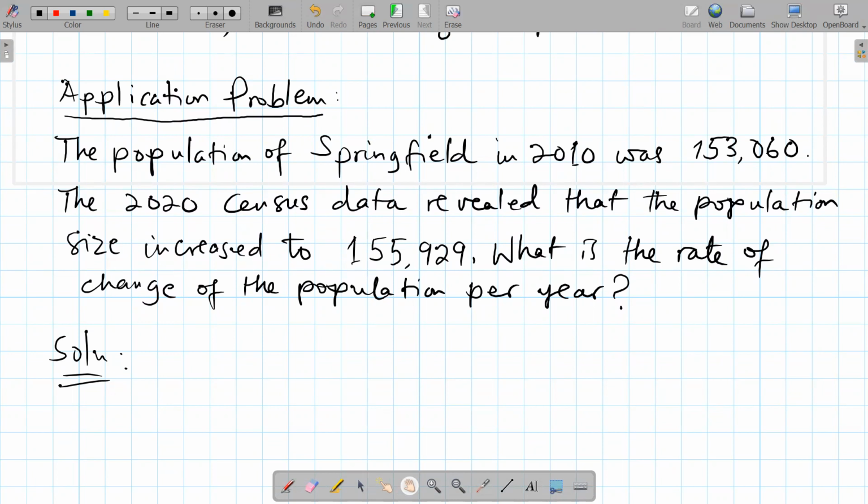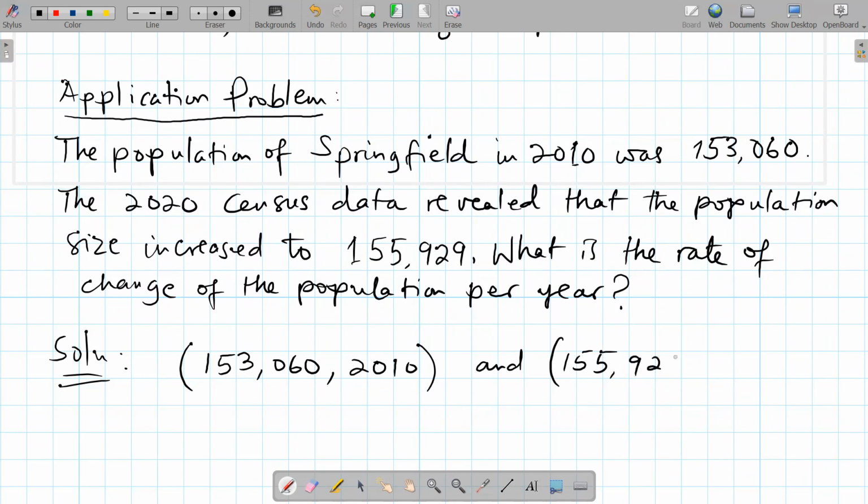So we can form another pair easily here. For the first one, we're going to have 153,060, and then 2010. And in 2020, we have 155,929, 2020.